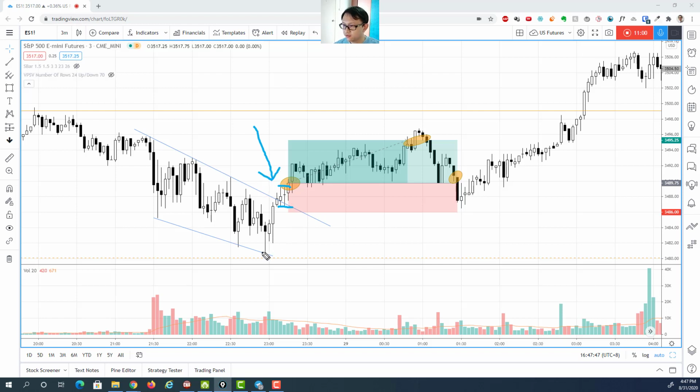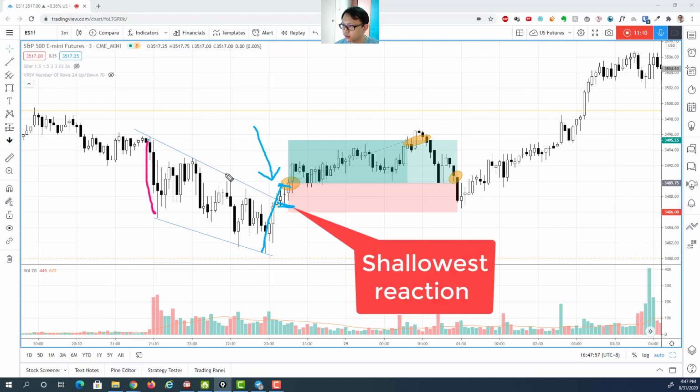We just have the greatest up wave followed by the best type of reaction, unlike the ones that we have seen, like this type of reaction, this type, or even this type of reaction. These are the very shallow types, just consolidating horizontally.